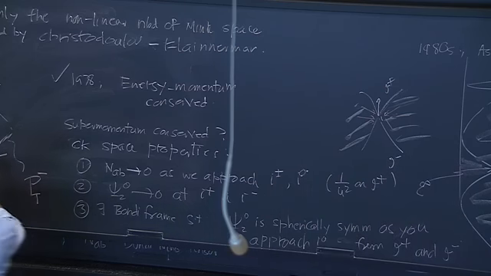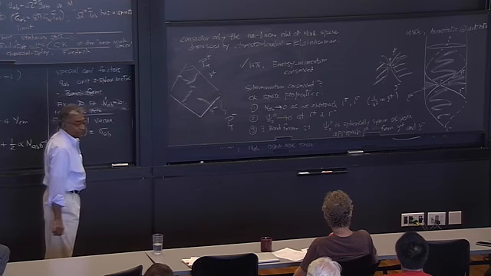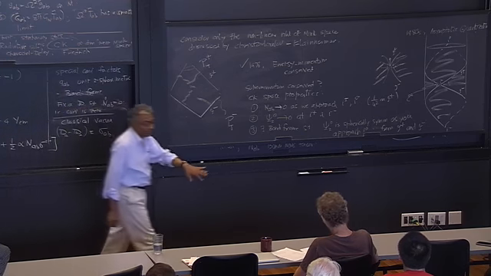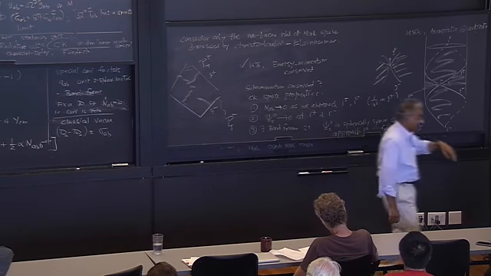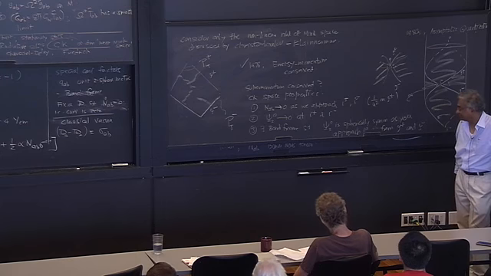So as you approach I naught from Scri plus and Scri minus, the statement is that this is actually spherically symmetric. Now, why is this important? This is the last technical point, and then I'll maybe stop.